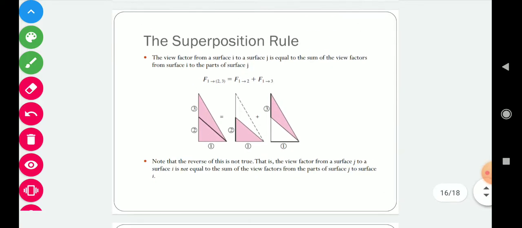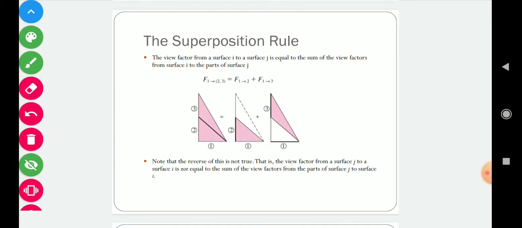The third is the superposition rule. The view factor from a surface i to a surface j is equal to the sum of view factors from surface i to parts of surface j, that is F1 to 3.